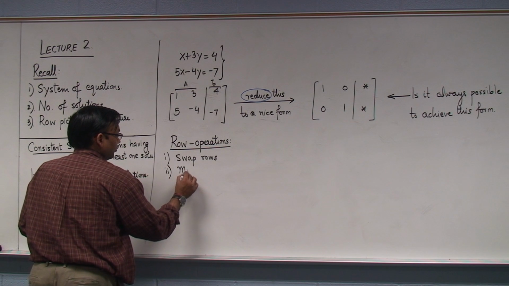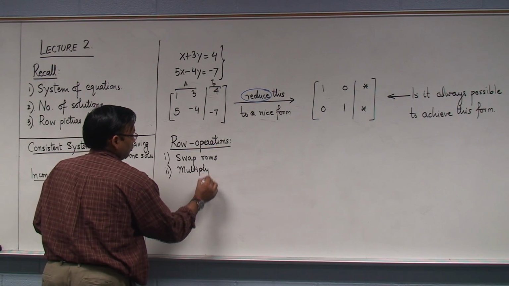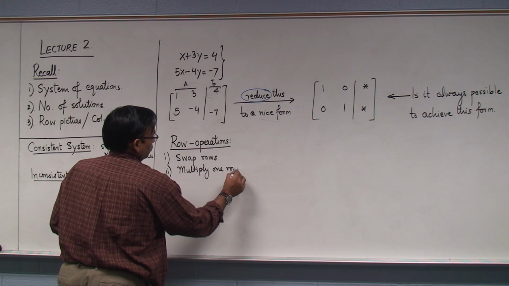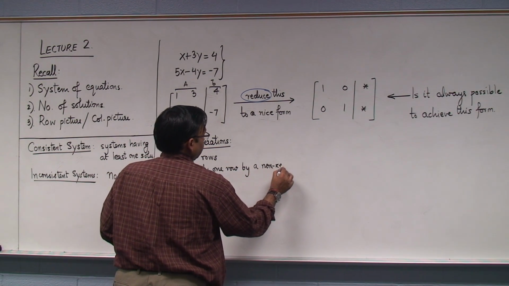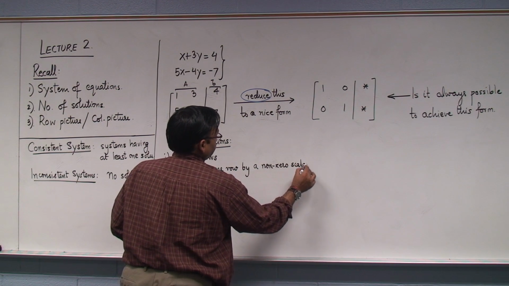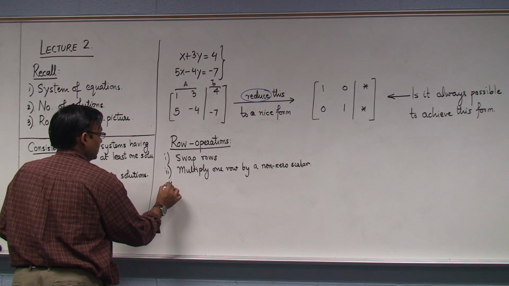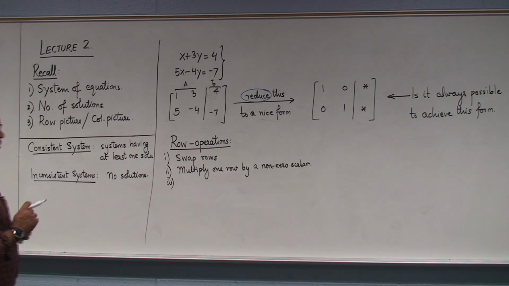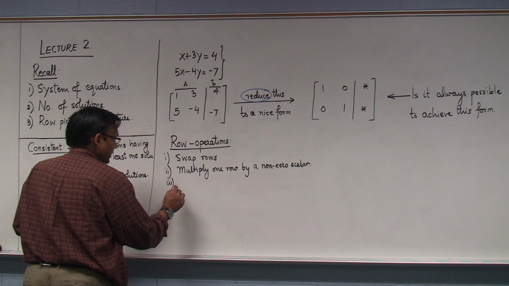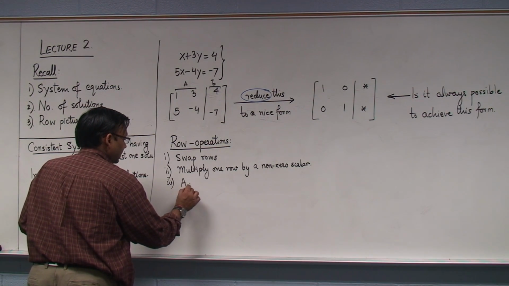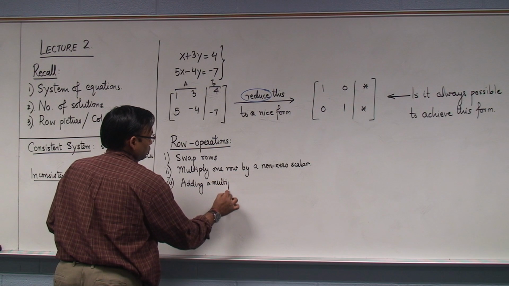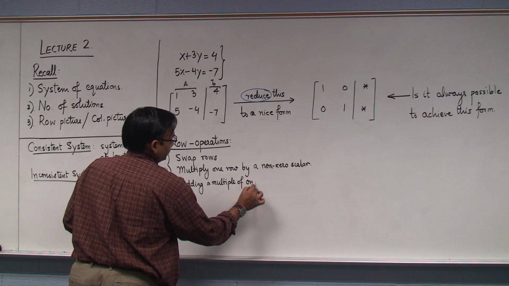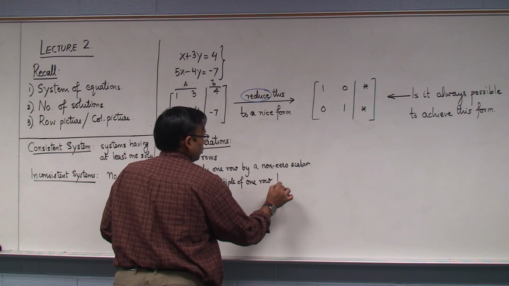We multiply one row by a non-zero scalar. And there's another row operation that we can perform, which is perhaps the most widely used, basically adding a multiple of one row to another row.